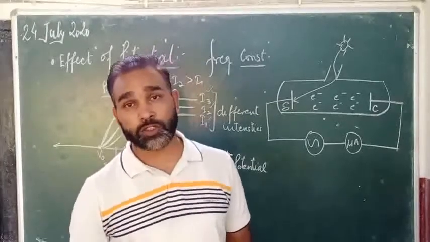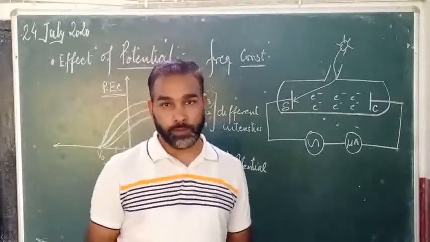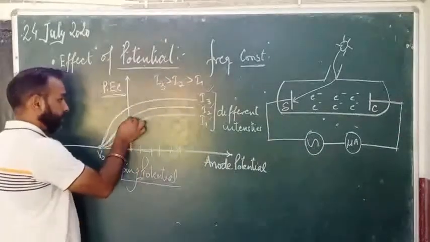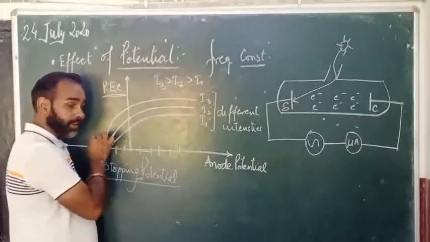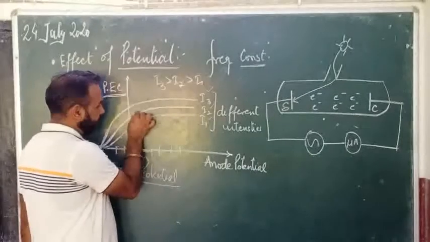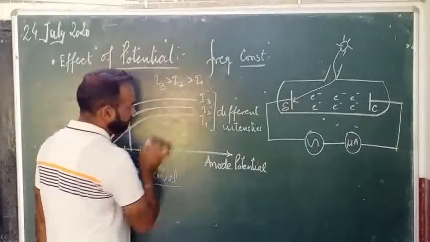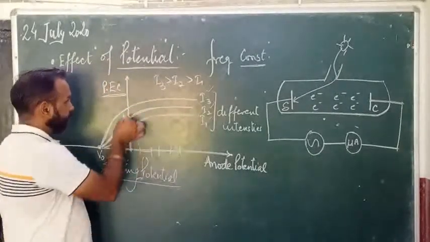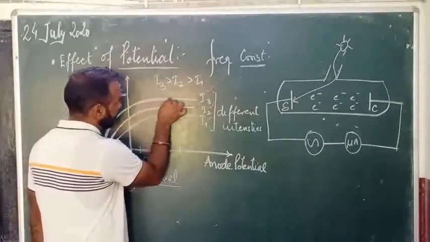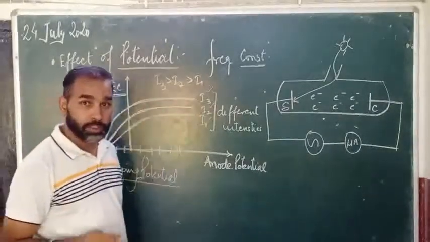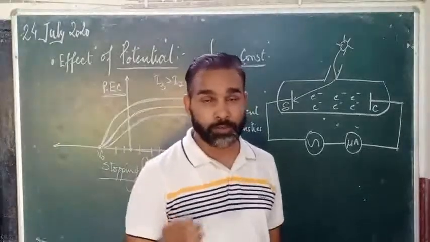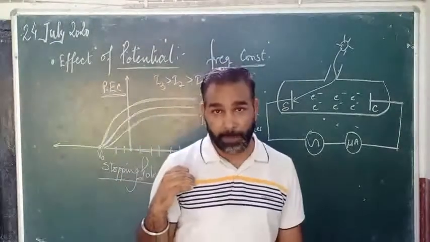More photoelectrons, more photoelectric current will flow. Then gradually it increases and becomes constant. Same for I3. So this is the saturation current I am talking about, which becomes constant after some time.